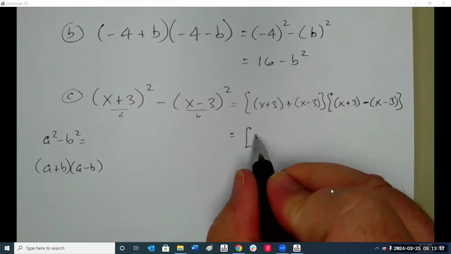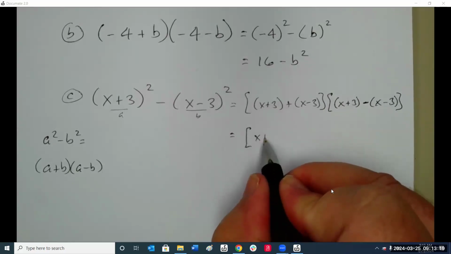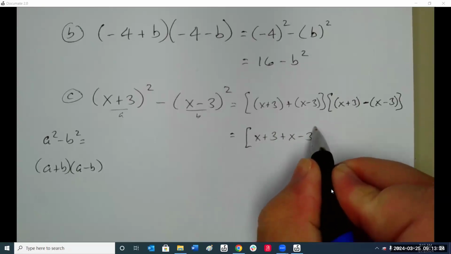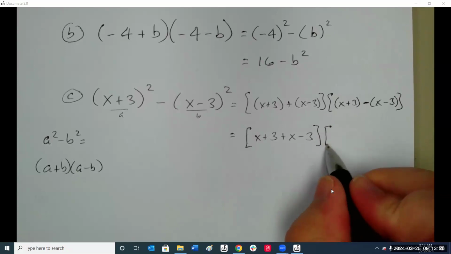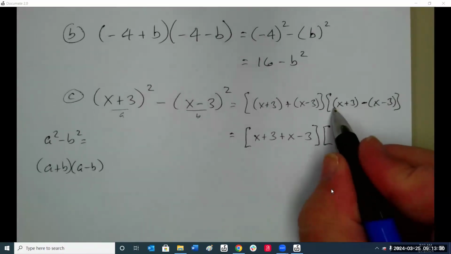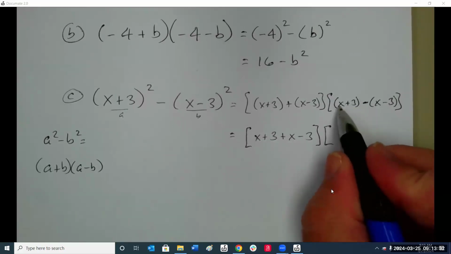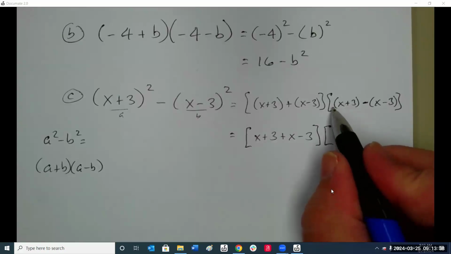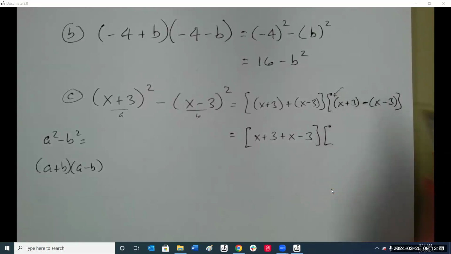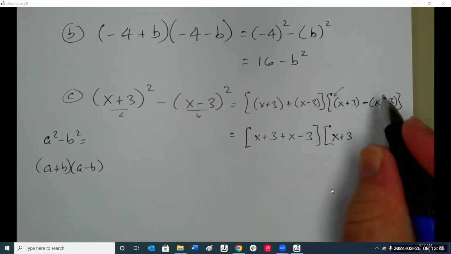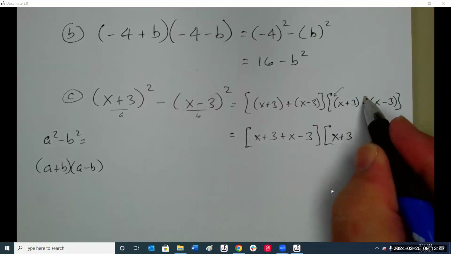So in the first bracket, we can drop the first parenthesis, x plus 3, and we can drop the second one, x minus 3. Why can we drop the first parenthesis? Because there's nothing in front of it. But the second one here has a negative, which we have to distribute.